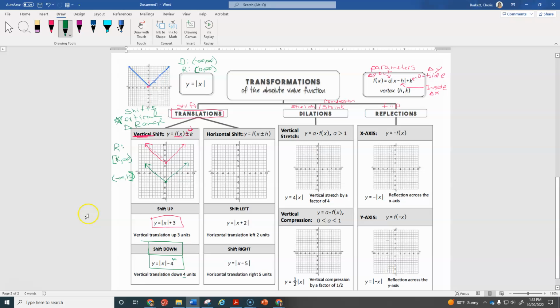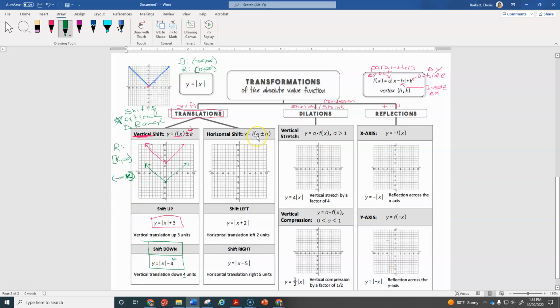So the thing that you need to remember right now is that your range is going to change if we change our k value. So if we have a vertical shift, then we're affecting our range. If it opens up, the range will always be your k value to infinity. If it's facing down, then it'll be negative infinity and it'll stop at k.